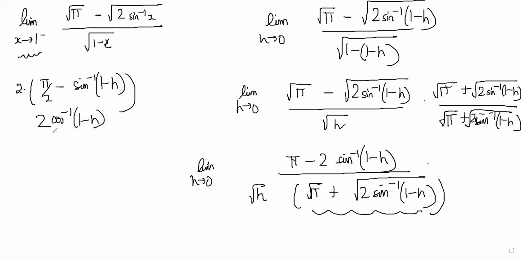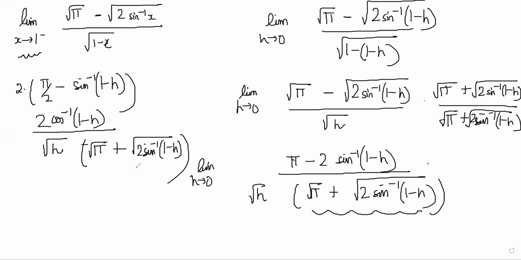So I now have 2 cos inverse 1 minus h by root h, and here there is root pi plus root 2 sine inverse 1 minus h. So this limit I have to figure out: cos inverse 1 minus h by root h.